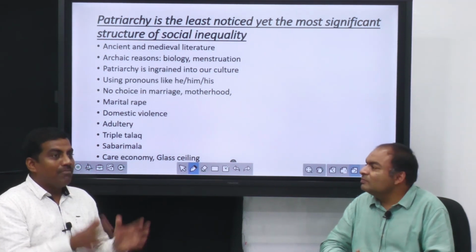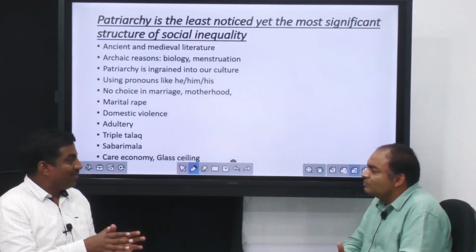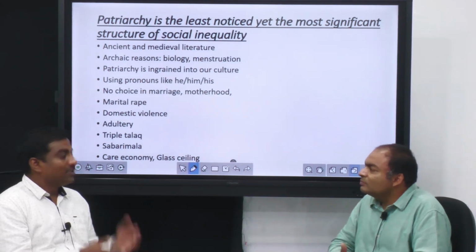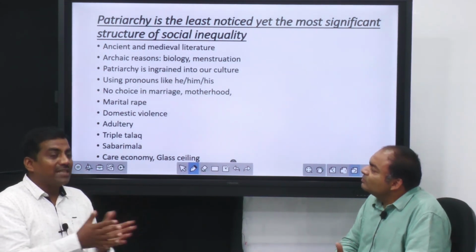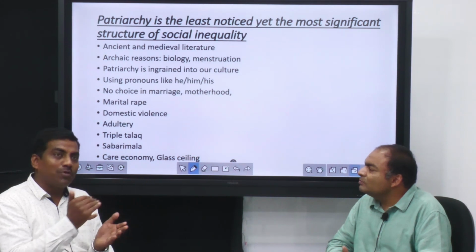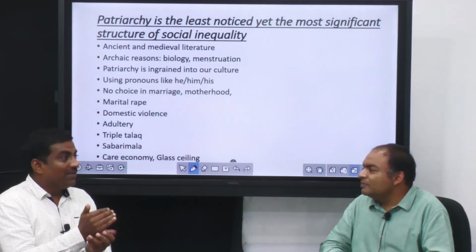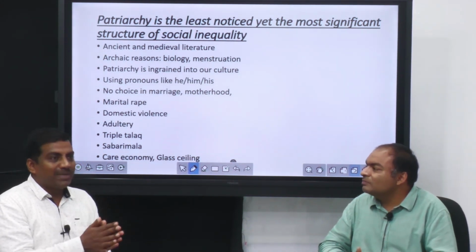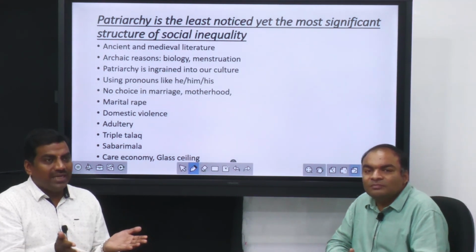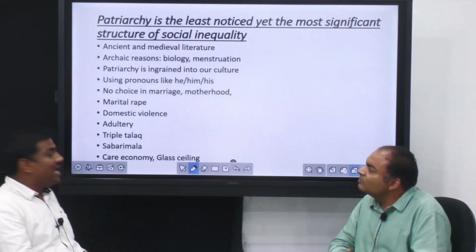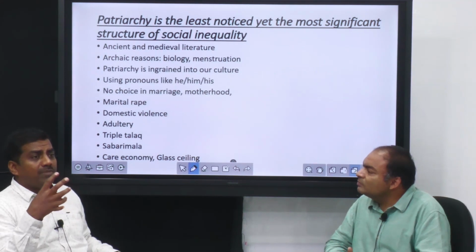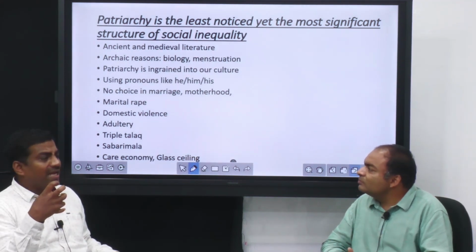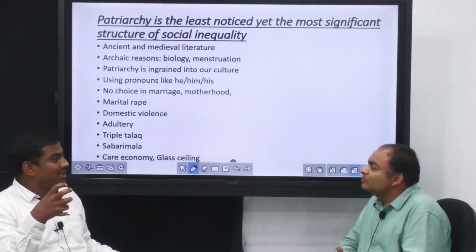So men are allowed to have extramarital affairs, but women are not supposed to. This is how it has gone up to our lawmaking also, and to other aspects of society, which are very bad things. And when you talk about triple talaq, this patriarchy is not restricted to only one religion or one caste.